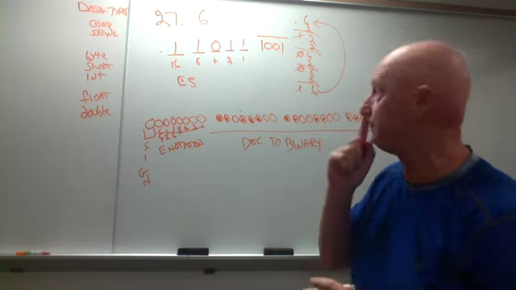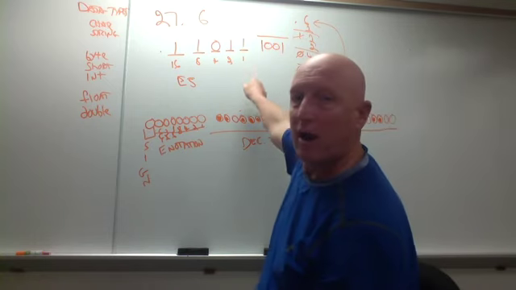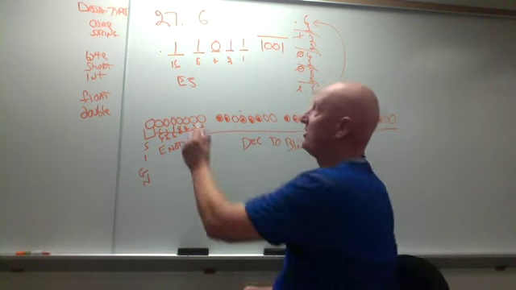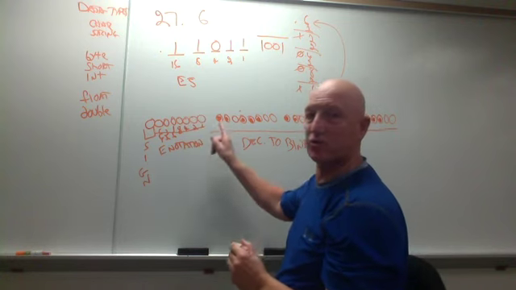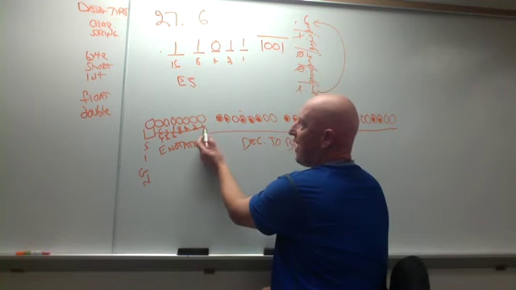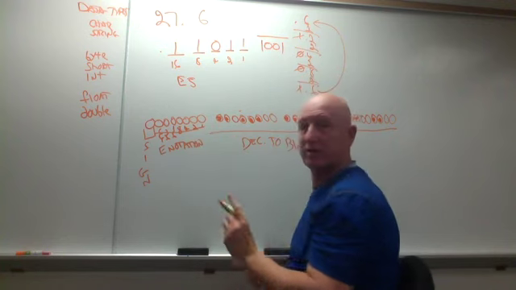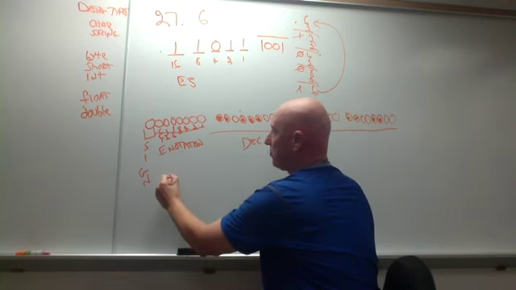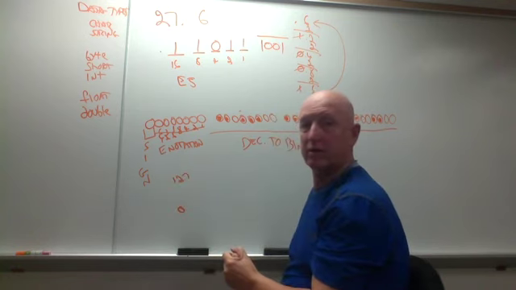Okay, almost done. Now remember, I moved the decimal point to the left of the leftmost one, and I said that was E5. I have to store E5 in here. Well, these 7 bits can represent a value from 0 to 127.